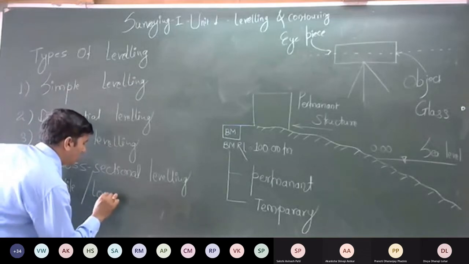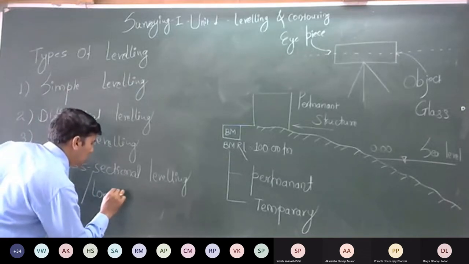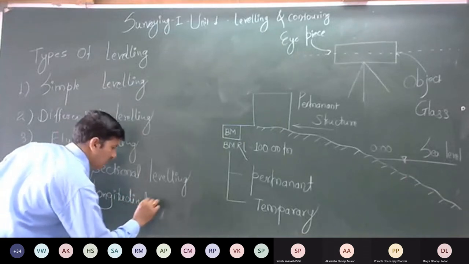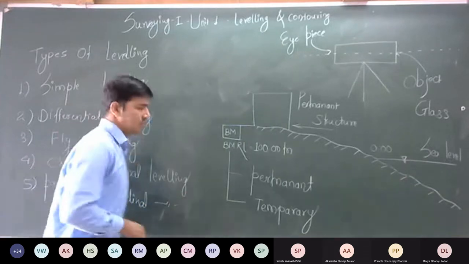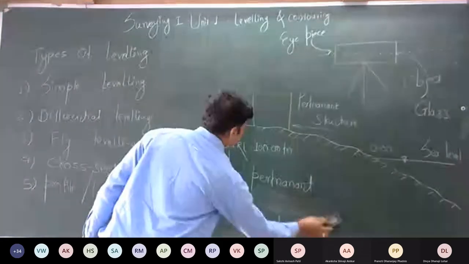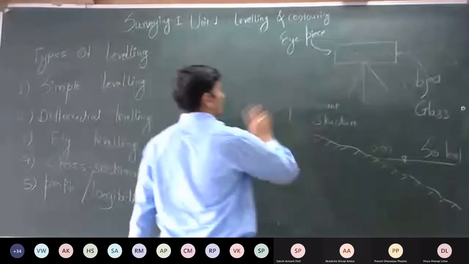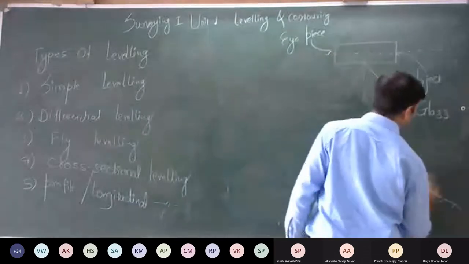Profile, or it is also called longitudinal level. So these are the 5 types of leveling that we have to study, in which the first one is the simple leveling.